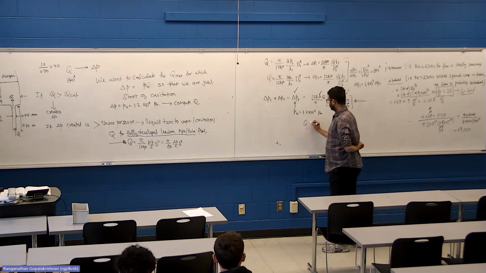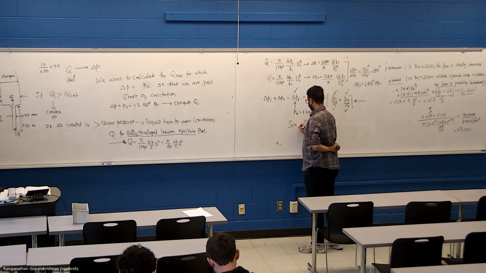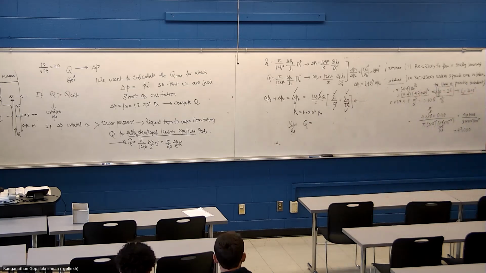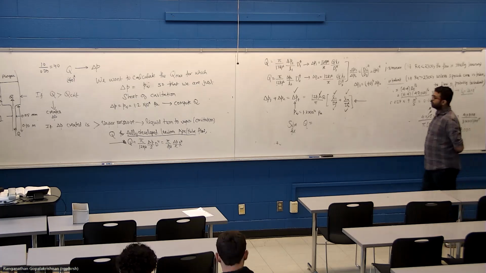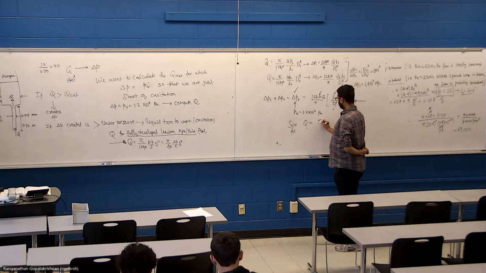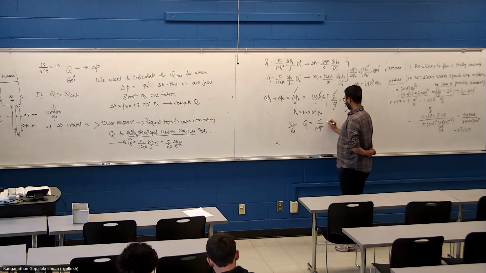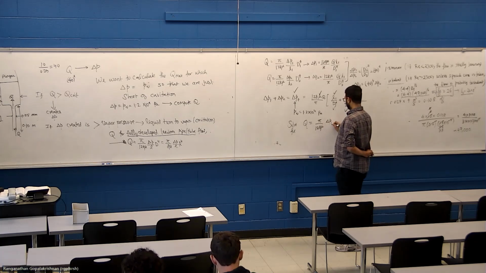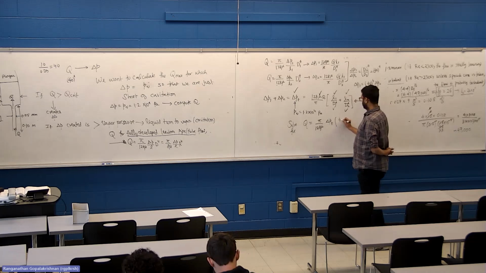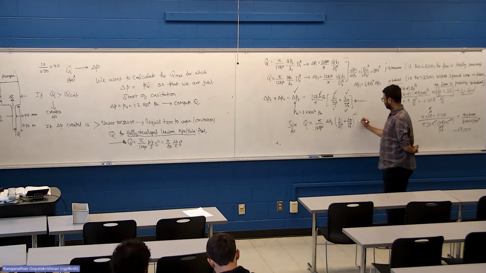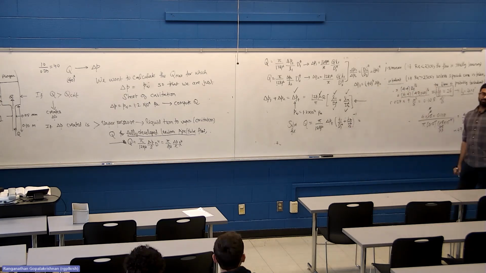We need to solve for Q. So Q would be pi over 128 mu times delta P total, multiplied by L1 over D1 to the fourth plus L2 over D2 to the fourth, inverse. Do the calculation, please.